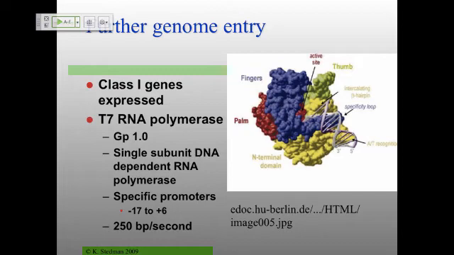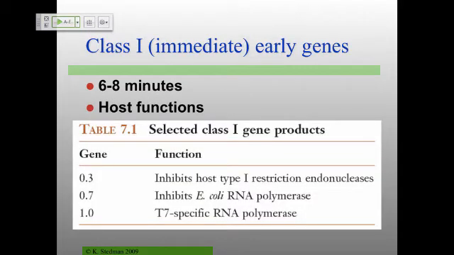And then the active site is right down here in the base of the palm. So this right-handed structure for DNA-dependent DNA polymerases is true. DNA polymerase 1, DNA polymerase 3, all the eukaryotic DNA polymerases, all of this structure. But this is now an RNA polymerase. So it uses the same template, but is making RNA instead. So that makes all of the middle and late genes.